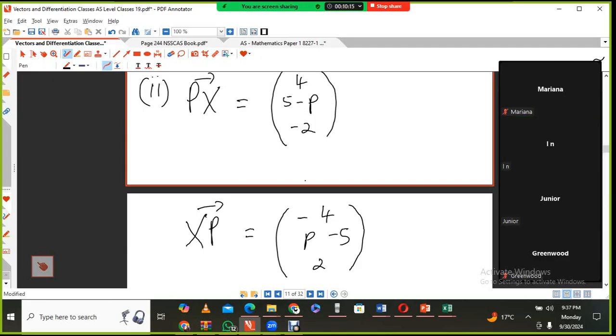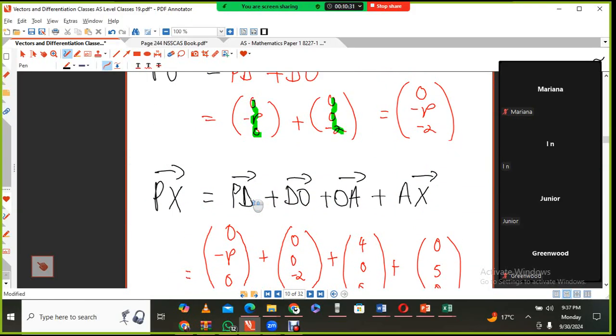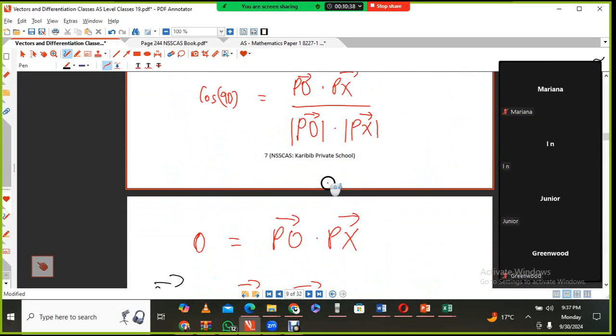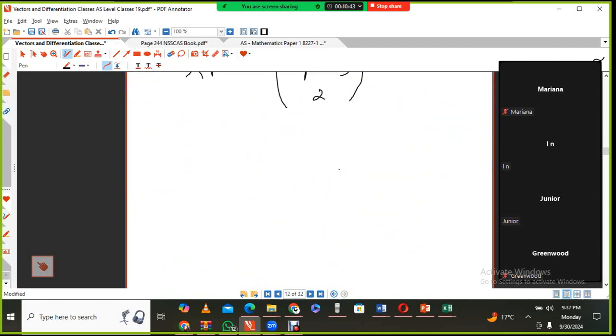So now calculate for me quickly. In the case where P equals 9, find a unit vector in the direction. Okay, so what is a unit vector?